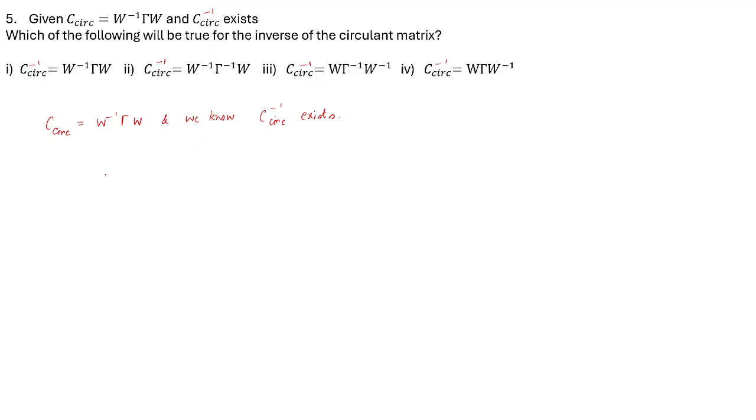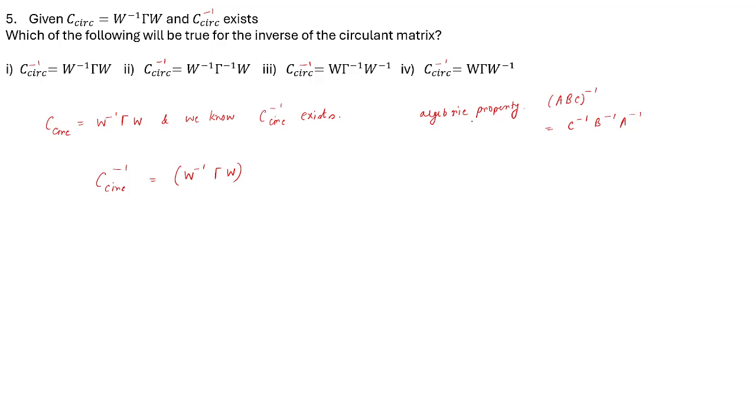So let us write down the expression here. C circulant inverse is going to be W inverse gamma W inverse, and we are going to use this algebraic property that says ABC inverse is nothing but the individual inverses in the reverse order.